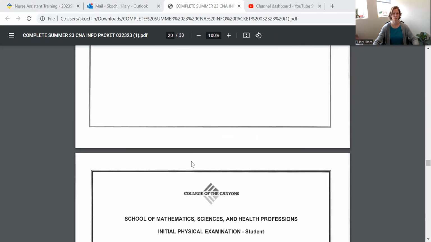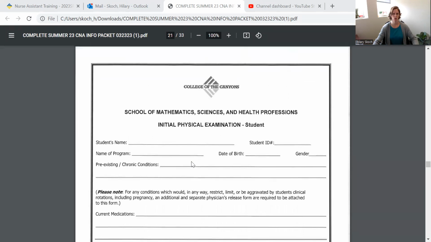And page 21. This is where we begin speaking about the physical that is required for taking this class. We want to make sure you're healthy and fit and well enough to take care of others.